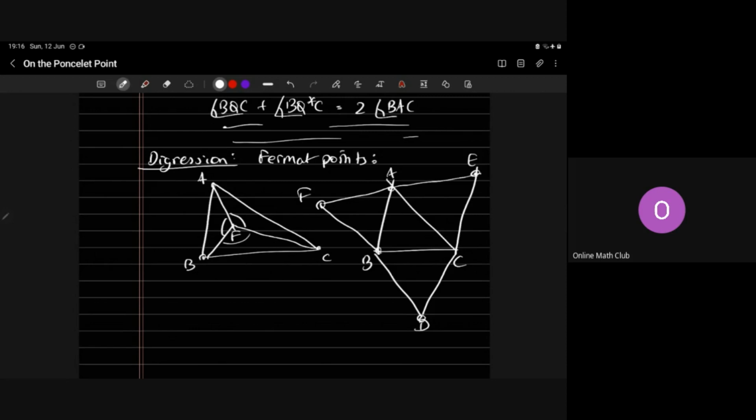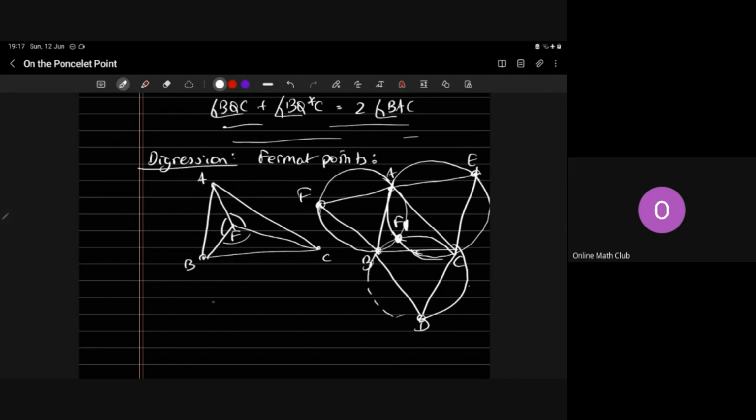And you take the common point of the circles BCD, and so on. It's easy to show that these circles are concurrent. And the point of concurrence is called the first Fermat point.